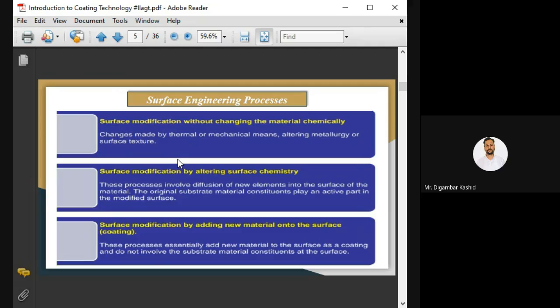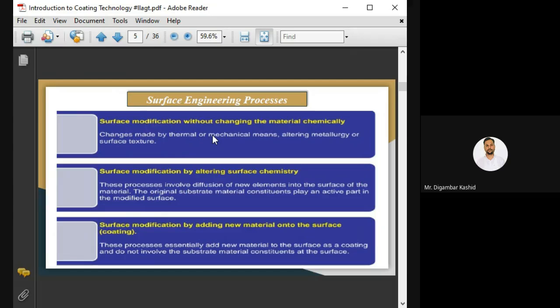Now, the first category is surface modification without changing the material chemically. So without changing the chemical composition of the surface material, we go for the surface modification. That is the first group of processes.